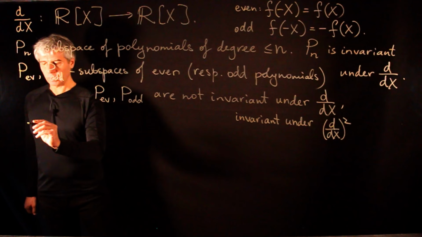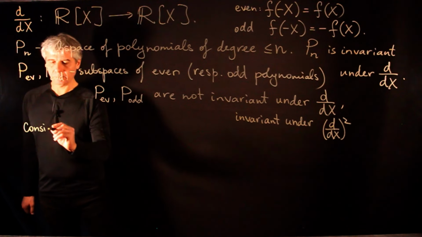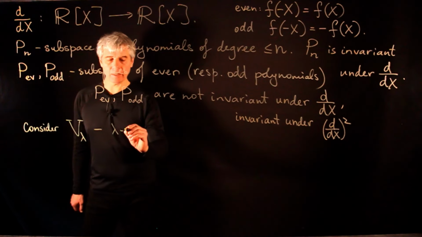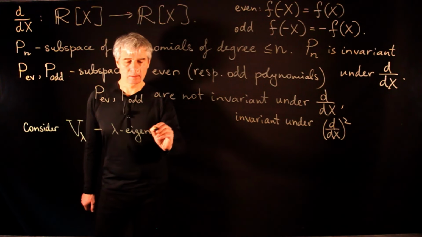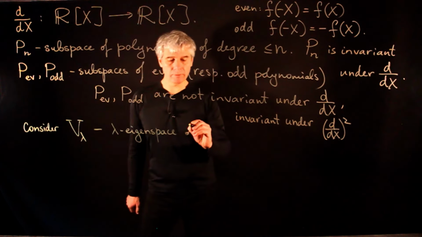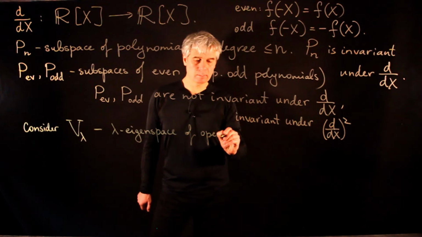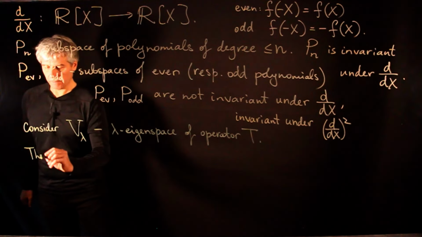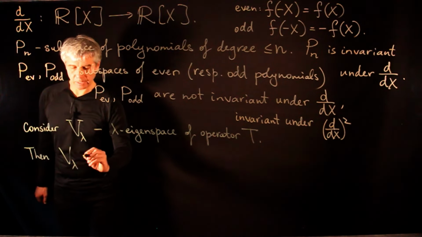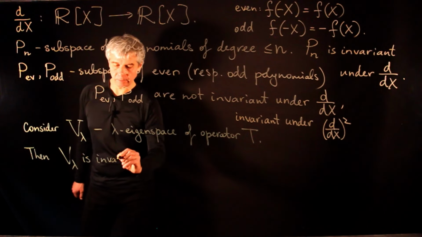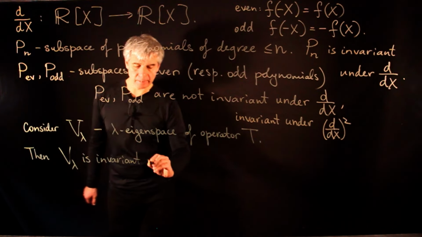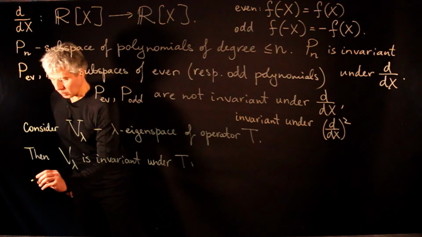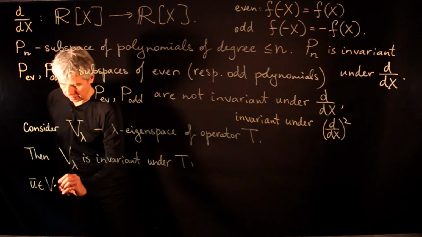For our next example, let us consider V lambda. So this is the lambda eigenspace of operator T. Then we claim that V lambda is invariant under T. So indeed, suppose vector u belongs to V lambda.